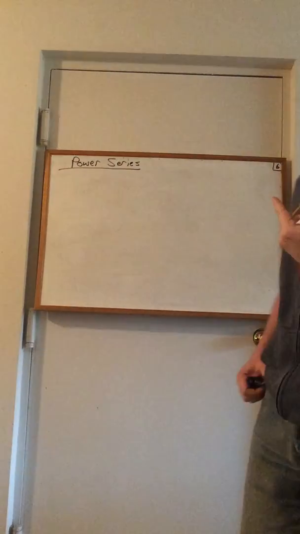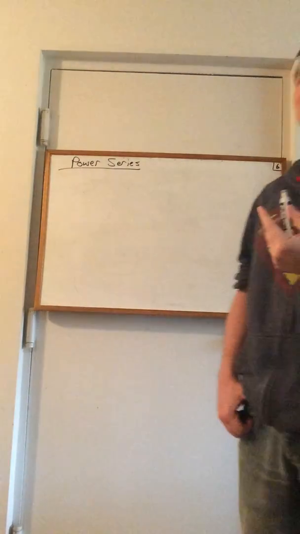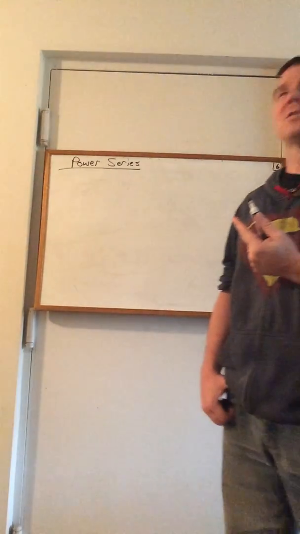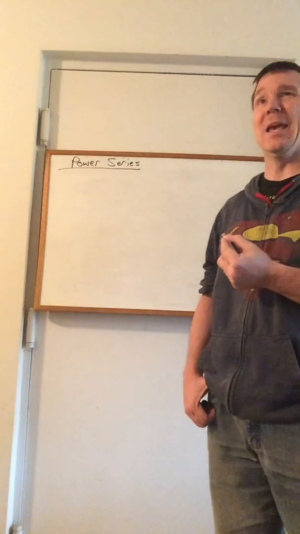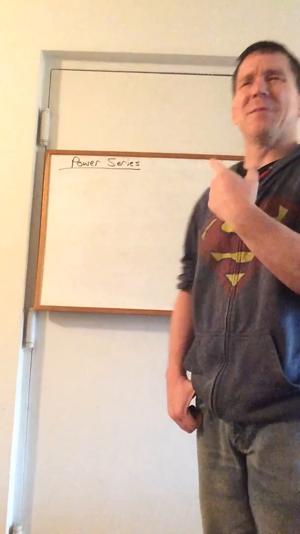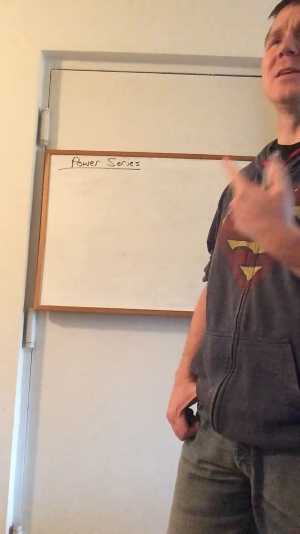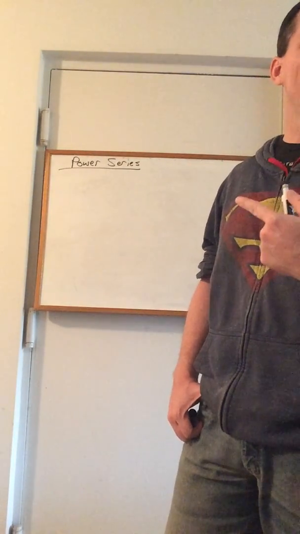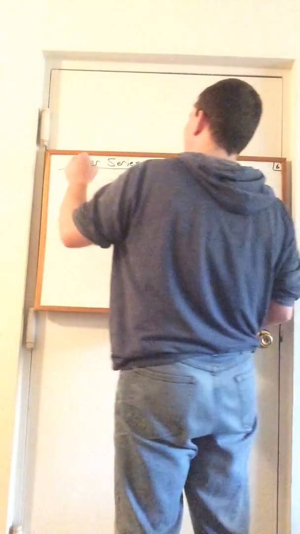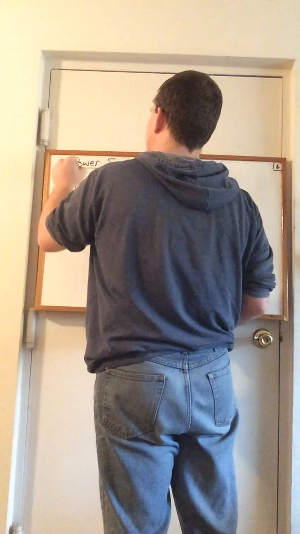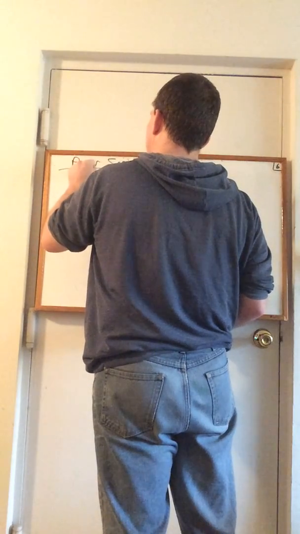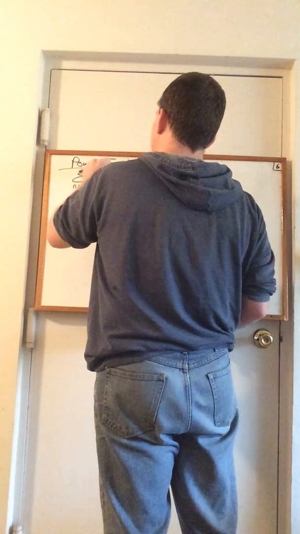You may have heard of power series in 171 when you were talking about polynomials and how you graph polynomials with their end behavior and things like that. The end behavior is actually based off of a power series. So you may have seen it before. If not, the way we're going to write our power series is the series n equals 0 to infinity of c sub n x to the n.